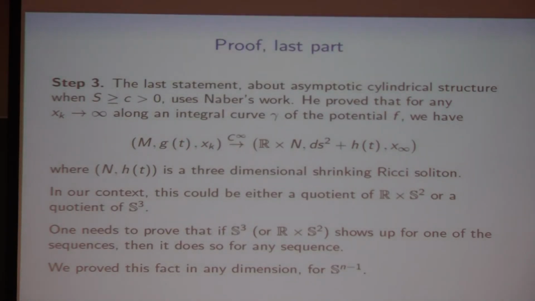So you take a sequence like this, x_k going to infinity, and if the manifold converges to one of the two cylinders, you have to show it always does so. So if one of the cylinders shows up, then it does show up for any other sequence. That's what you have to do.